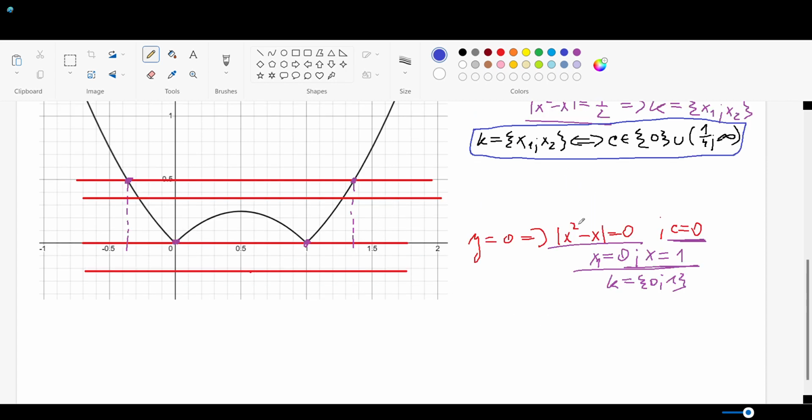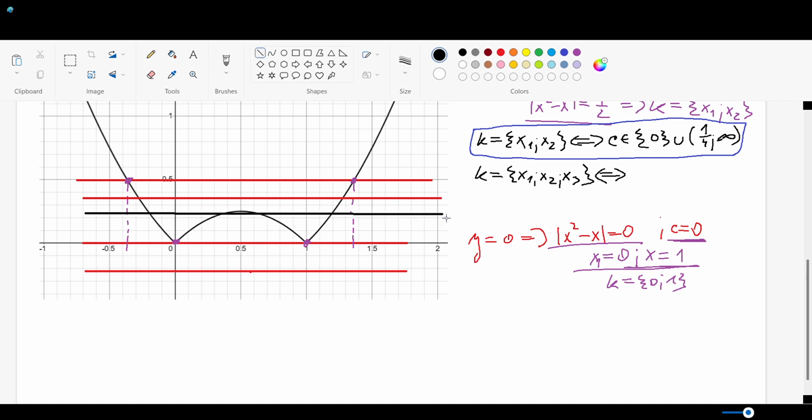Now the next question was if we can find any c when the solution is like three numbers, so x1, x2 and x3, which basically means, this is if and only if, that our two functions have three intercepts. And when is it gonna happen?